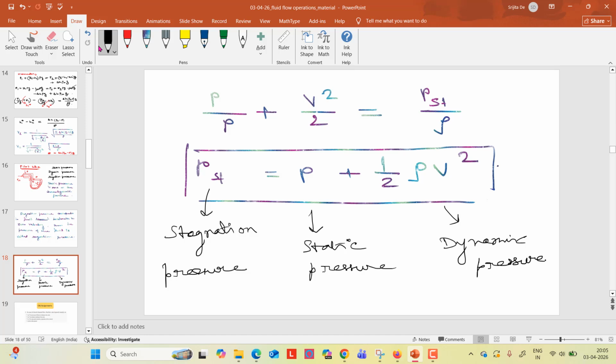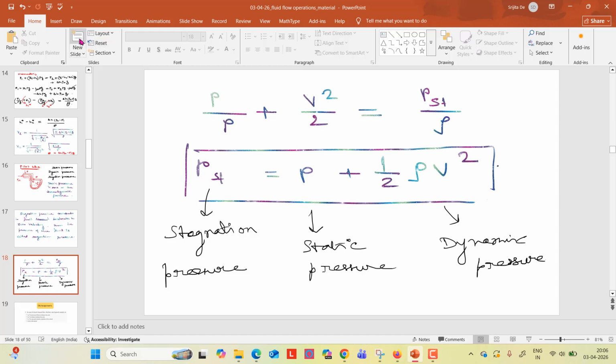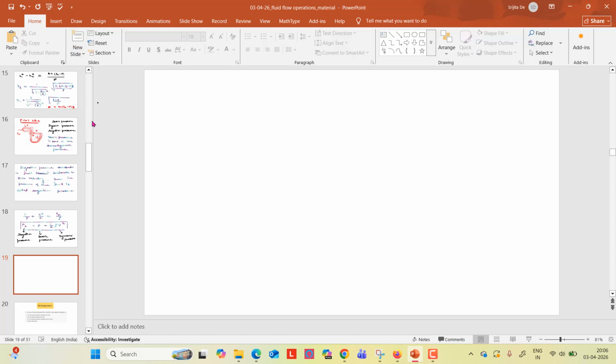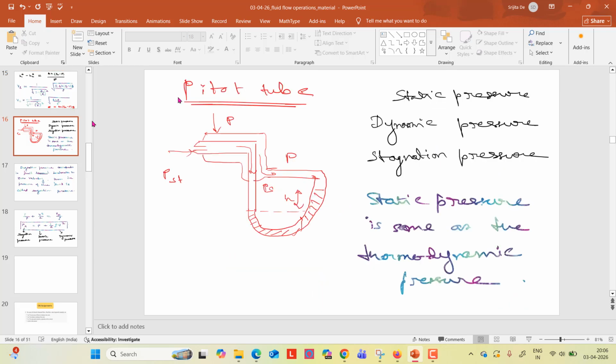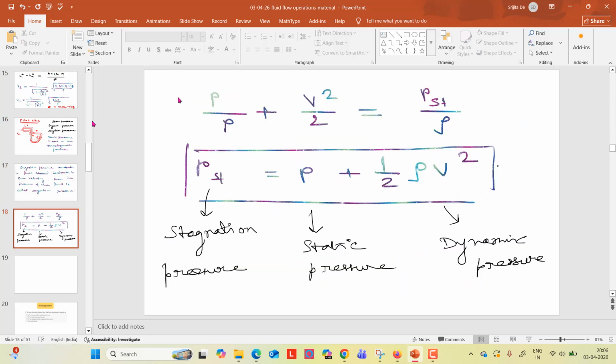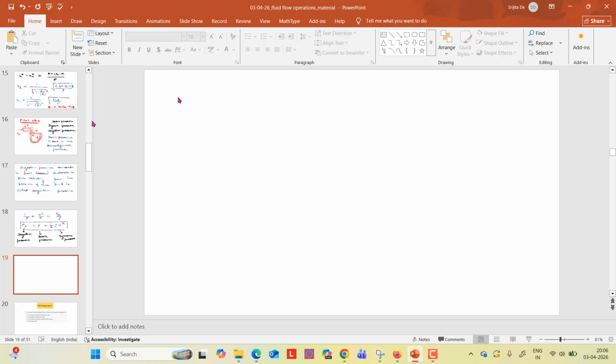So from earlier sections, we have known that P1 minus P2, like delta P, is basically this expression. So we can write it here also: PST minus P, we can write it as delta P equals half rho V square.